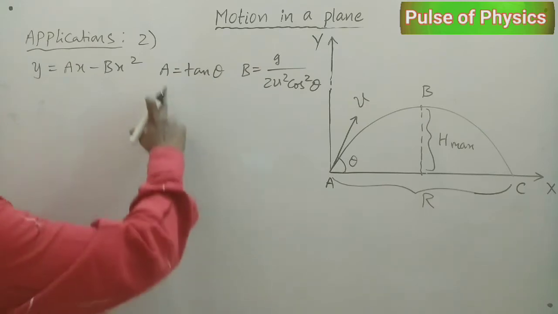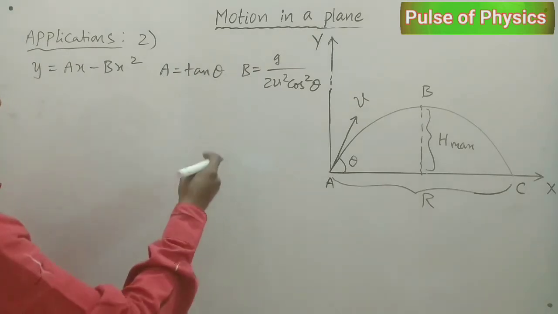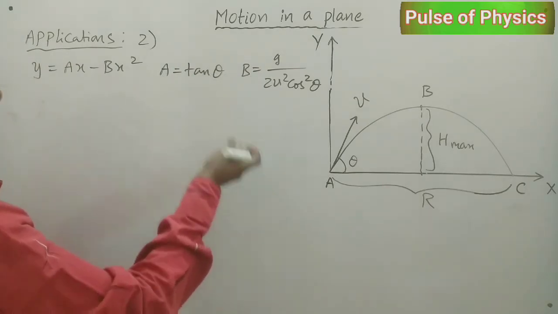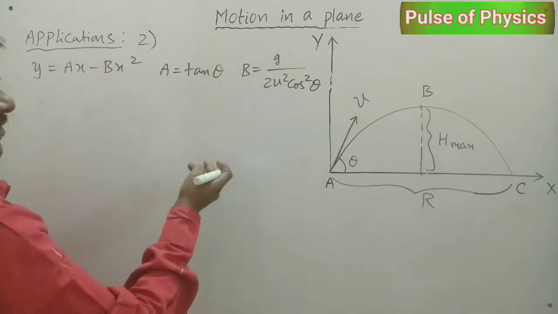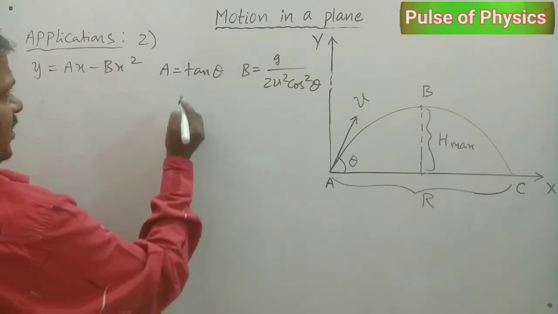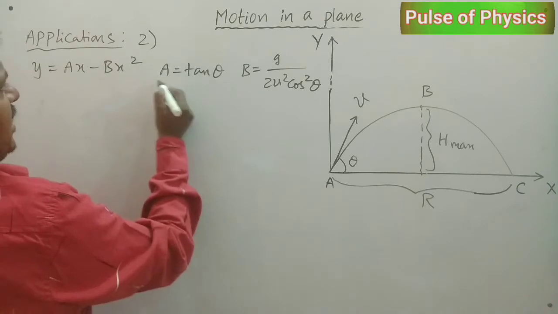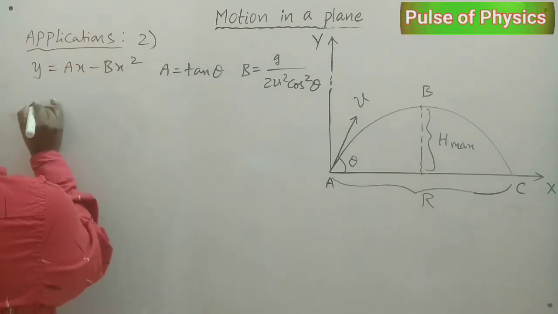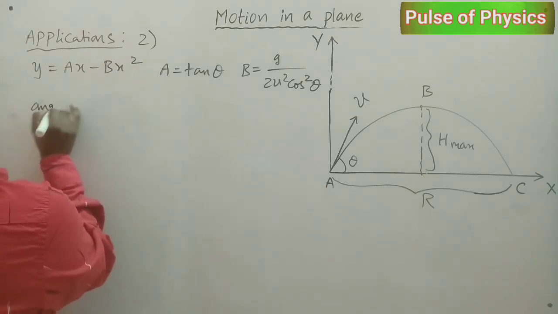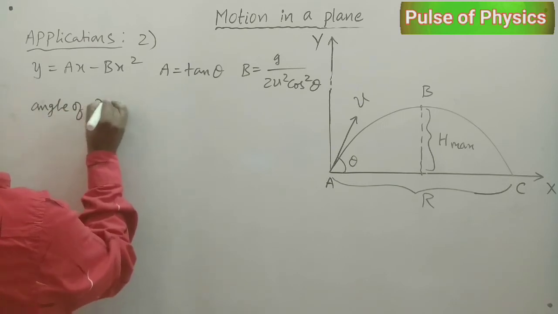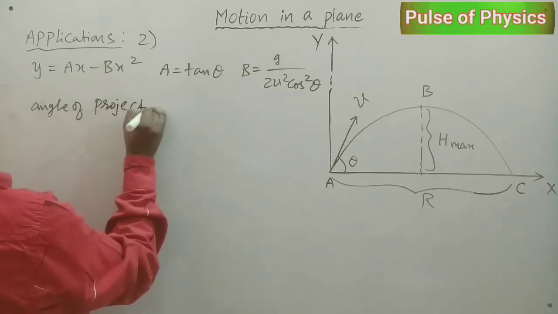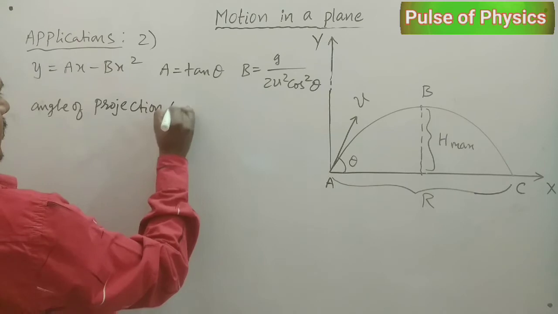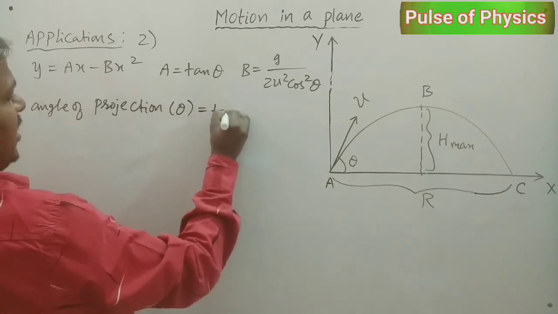These two combined give h maximum, r maximum, time of flight and initial velocity. Let us see. From this, the angle of projection, I am writing theta, is equal to tan inverse of A.